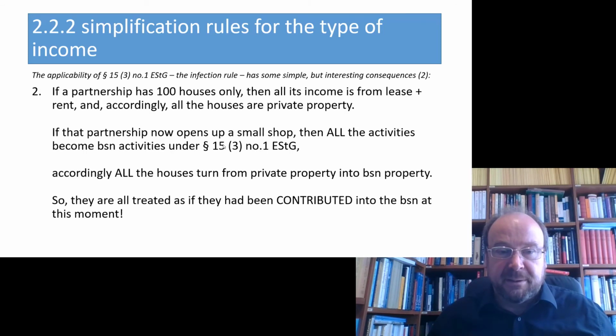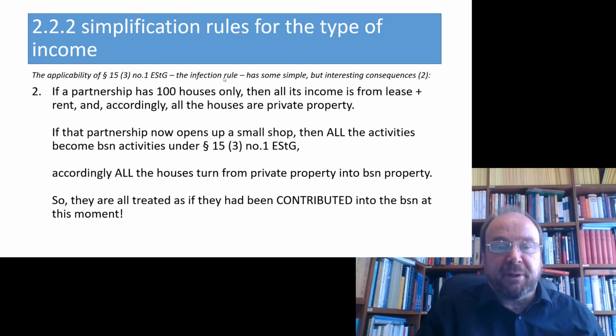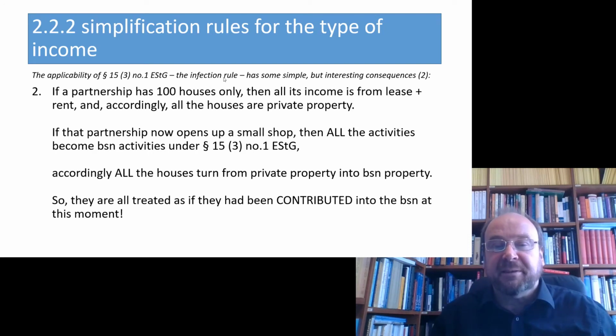Then, second important consequence. If a partnership owns, let's say, 100 houses with tenants inside, then all its income would be lease and rent, and accordingly all the houses are private property. Now that partnership decides to open a small shop, sells newspapers or so, additionally.